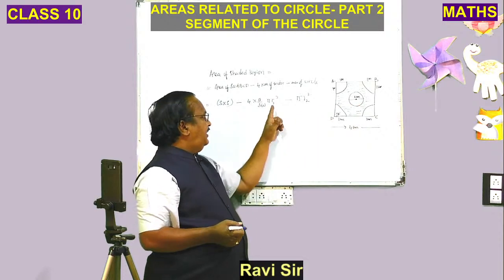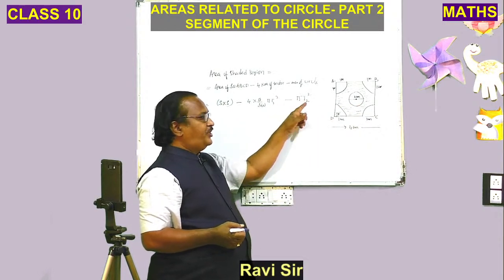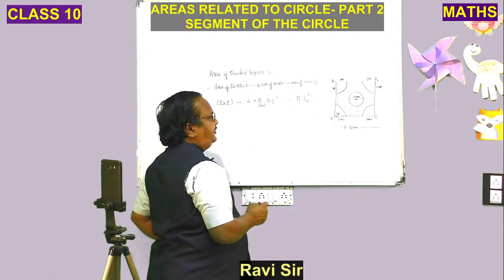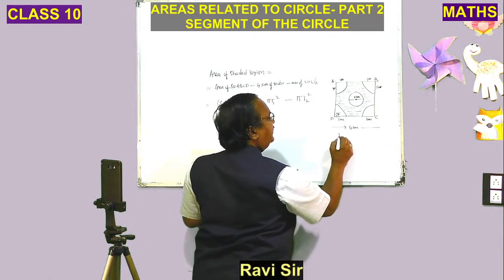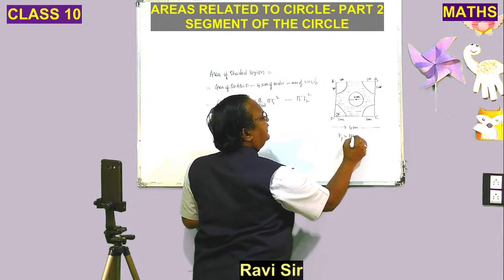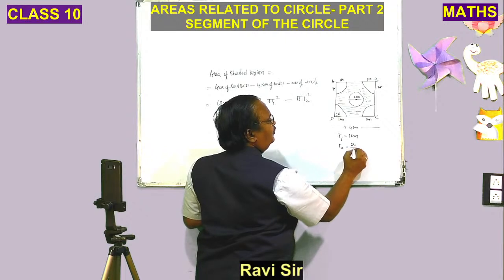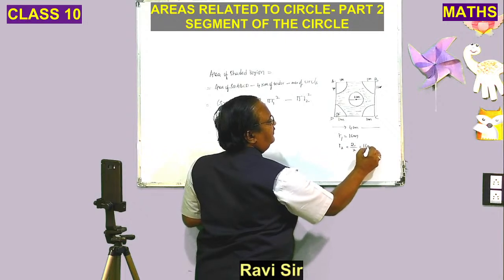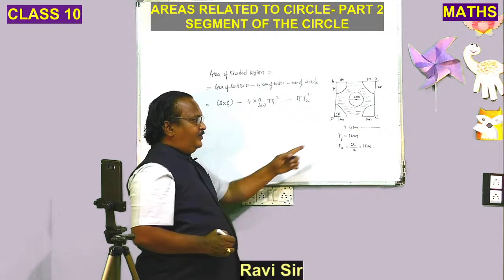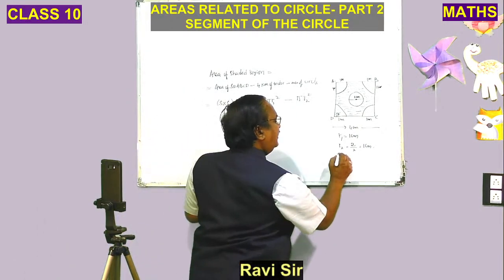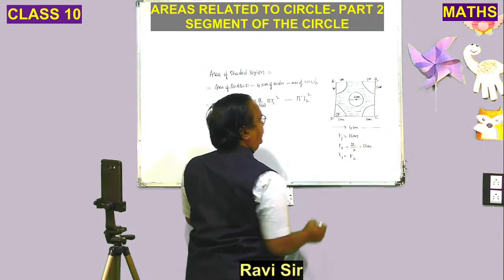That is why I have shown the difference in these two radius. If you write the same here, you will have a problem. So, here you write r1 is equal to 1 centimeter, r2 is equal to diameter 2 by 2, which is also equal to 1 centimeter. So, both are equal, that means r1 is equal to r2.